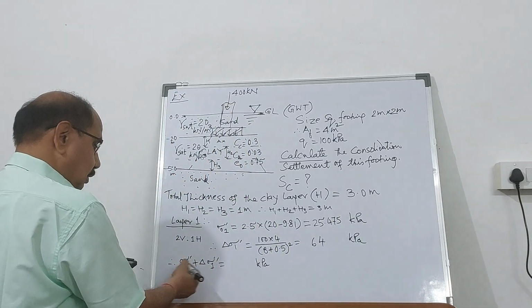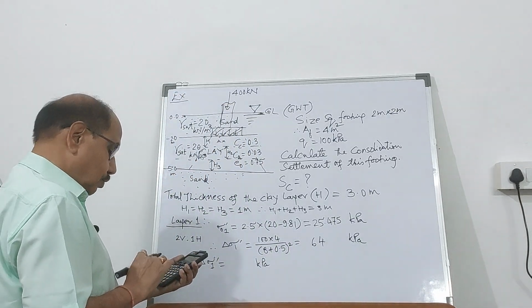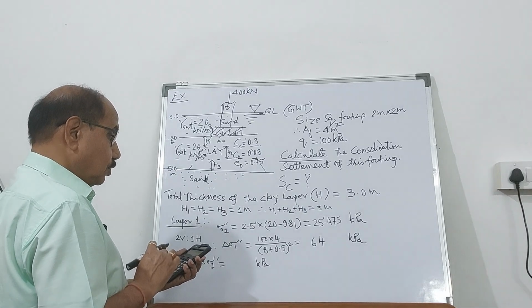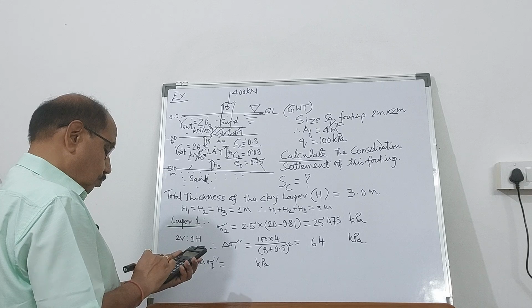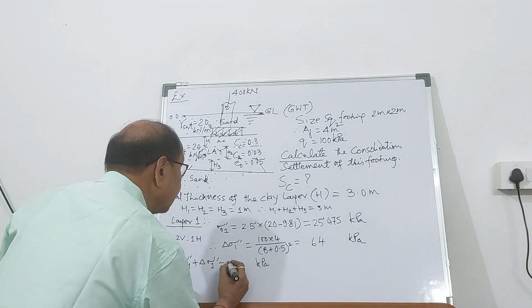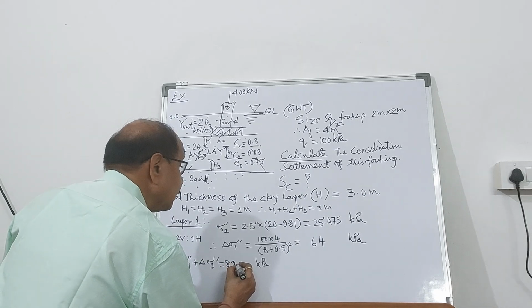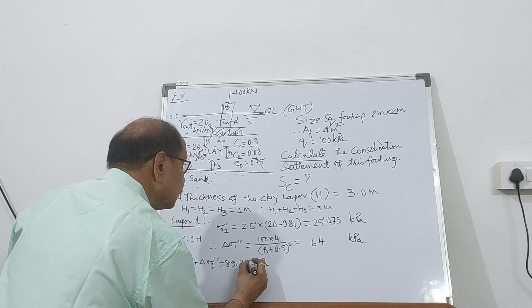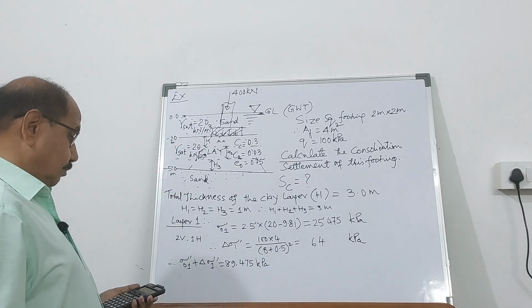Therefore, the sum of these two, 64 plus 25, equal to 89.475 kilopascal.